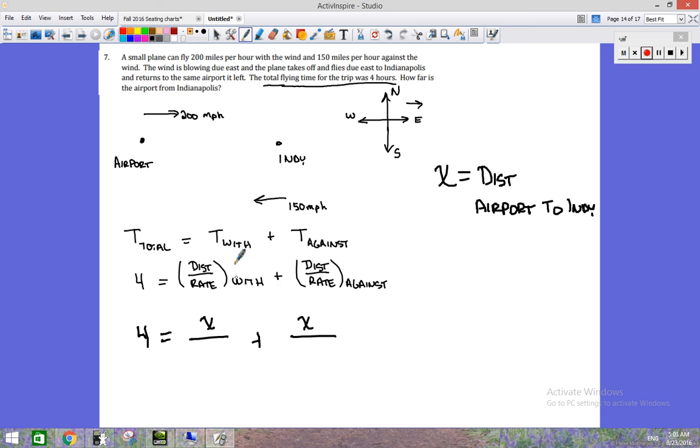Now, when you're flying with the wind, it's 200. This time they gave us that total. Last time, our variable was that we didn't know Karen's walking speed. And although we don't know the plane's flying speed in still air, it's not asking us to solve for that. It's asking us to solve for this distance. So when you're flying against the wind, it's slowing you down, and that's 150. So this equation is going to be easier to solve than the last one. It's not quadratic like the last one was.